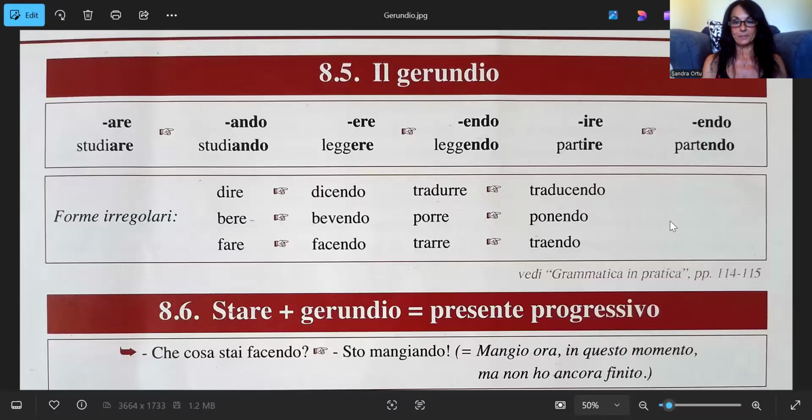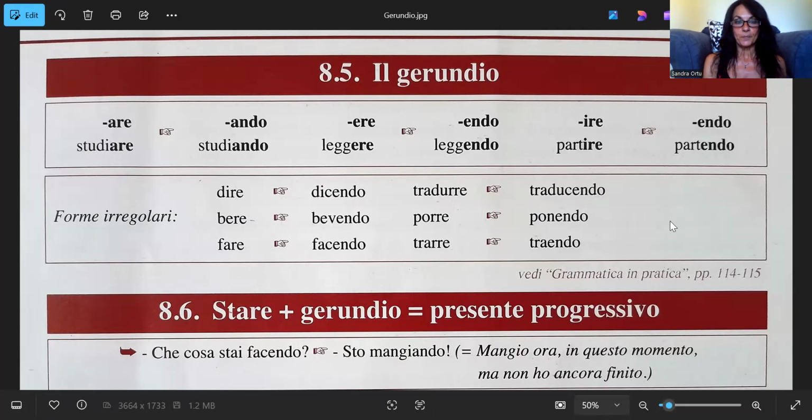So let me just share the usual table, very useful table that I have from one of my books. And we're going to see, first of all, the gerund as a proper tense, so a conjugation of verbs. I think you can see it now.